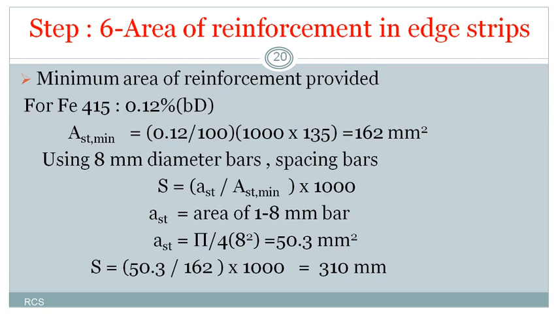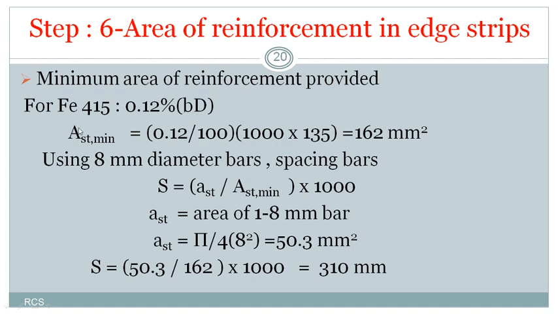As I already told you, we have to provide area of reinforcement along the middle strip regions and the edge strip regions. The code suggests that in the edge strip we provide the minimum area of reinforcement. The minimum area of reinforcement depends upon the grade of steel as per code: if you are using Fe415 steel, the minimum area of steel is 0.12% of the gross cross-sectional area.